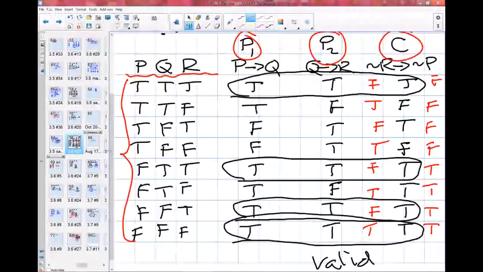Marco, welcome. We're working on a requested problem right now from page 165, number 21, just so you know what we're working on. Okay, thank you. We had just set up the truth table here.